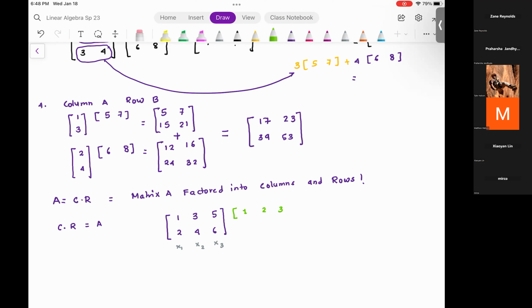And maybe I can say the multiplication of these two is going to be 1 multiplied by 1, 2, plus 2 multiplied by 3, 4, plus 3 multiplied by 5, 6.